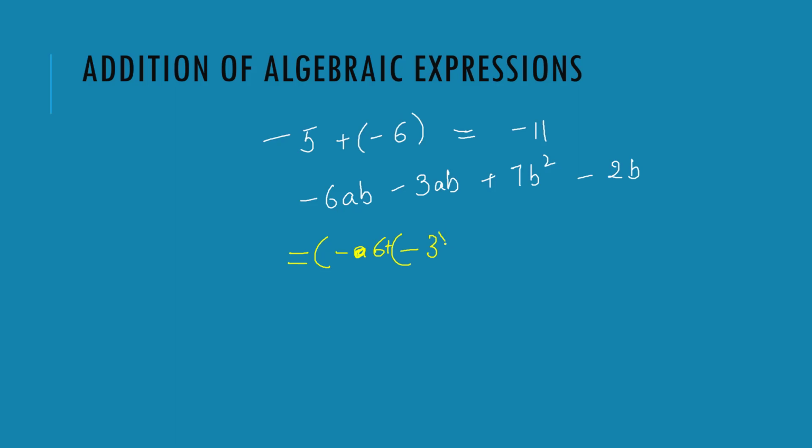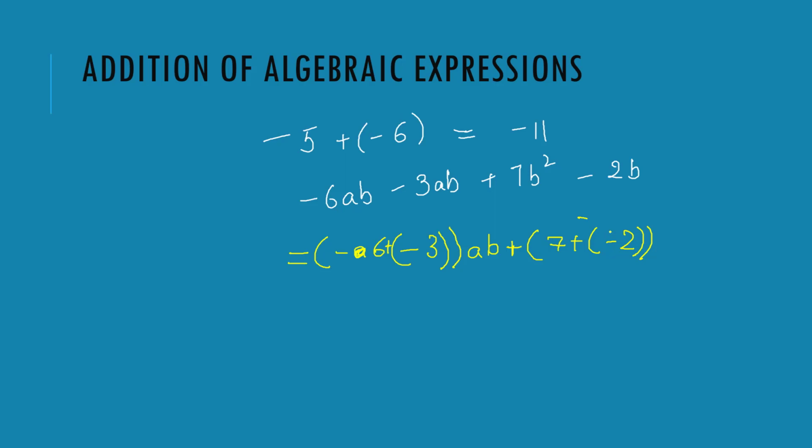This is confusing. You like brackets a lot. ab plus 7 plus minus. See, one is b square and one is b. Oh no, how will I do it?